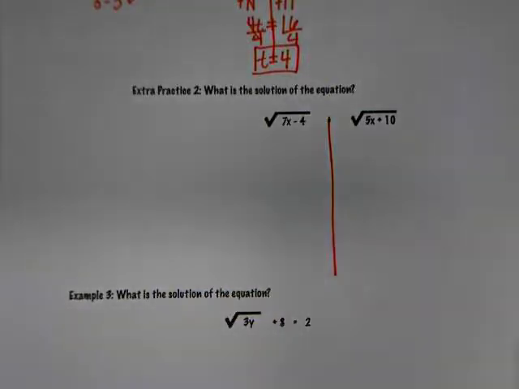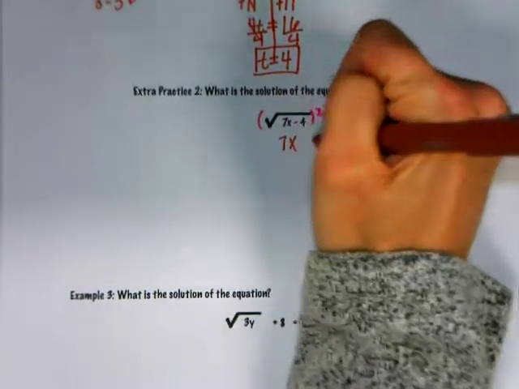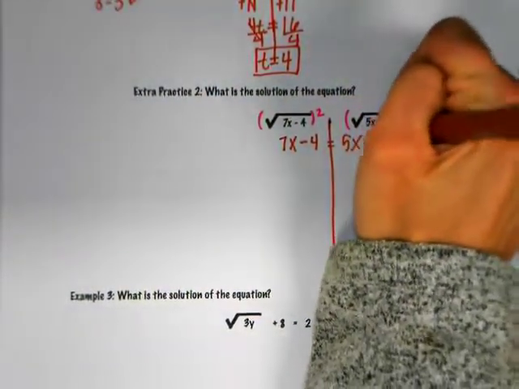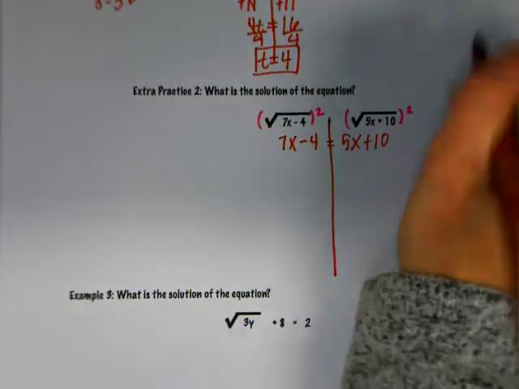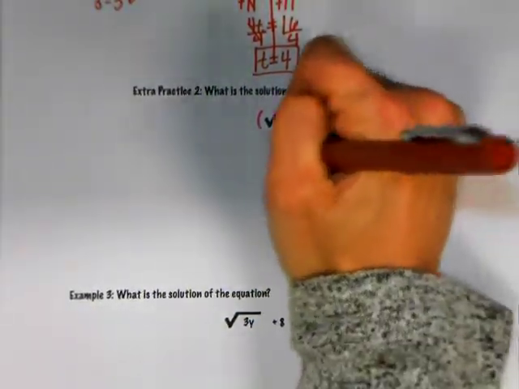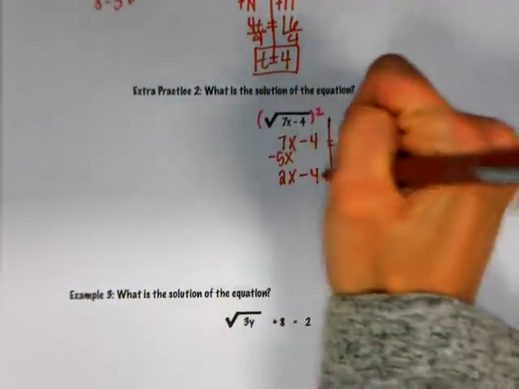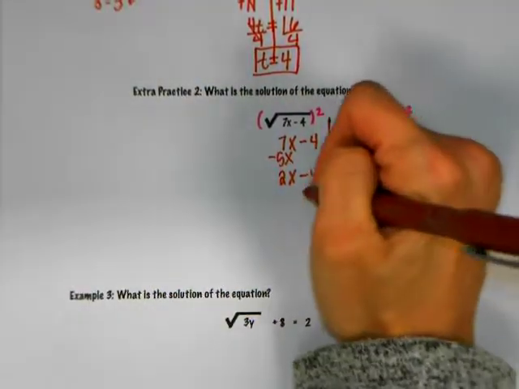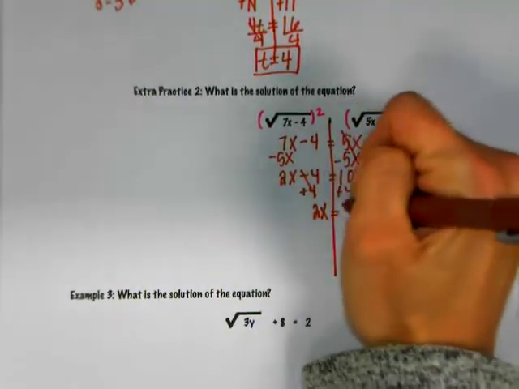All right, so on this one, square both sides. So the square roots just go away. 7x minus 4 equals 5x plus 10. Okay, then what? Yep, minus 5x. So you have 2x minus 4 equals 10. Okay, then what? Yep, plus 4. 2x equals 14.